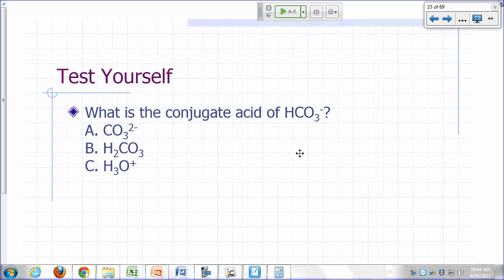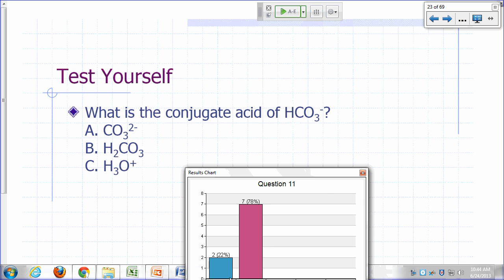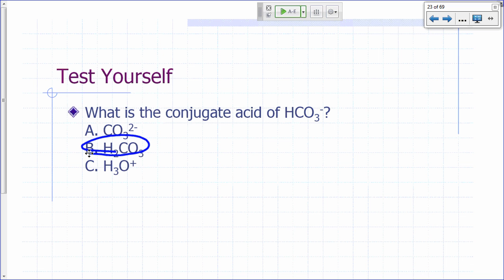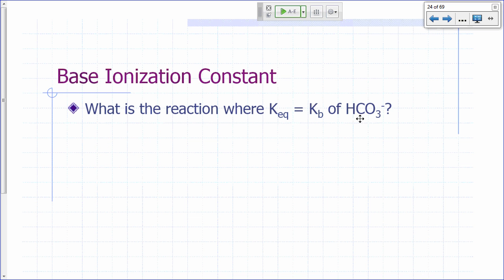So when this base picks up a proton, what do you get? You get H2CO3, and what you get is the conjugate acid. If something accepts a proton from something else, it forms its conjugate acid. It's behaving like a base.